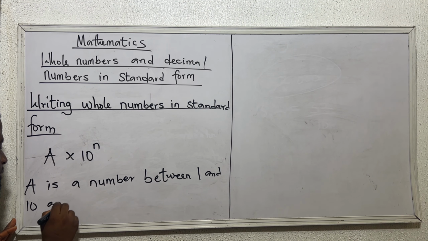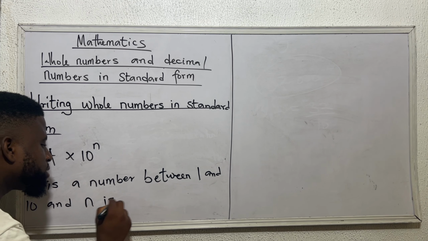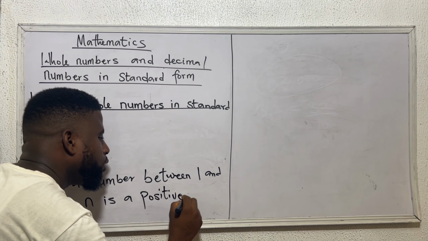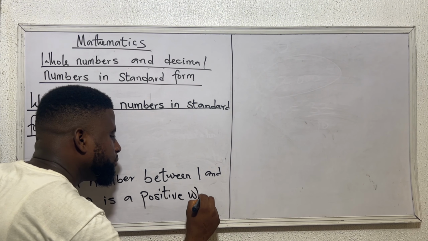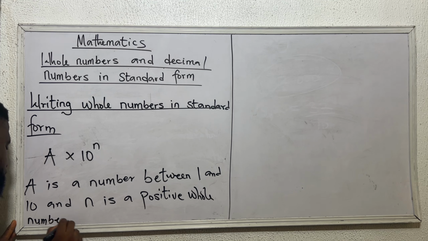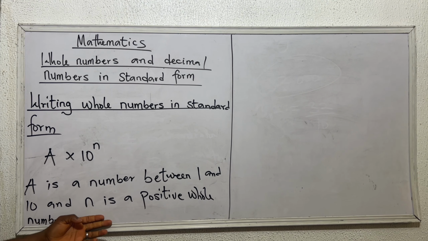And then n is a positive whole number. It means that n is a number that is not decimal, a number that is not fractional, right?